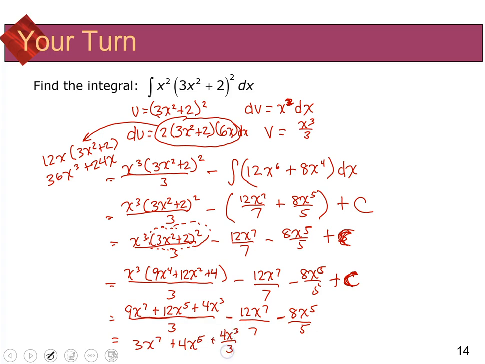So I'm starting to see something I had in the previous one. Minus 12x to the 7th over 7 minus 8x to the 5th over 5 plus c.